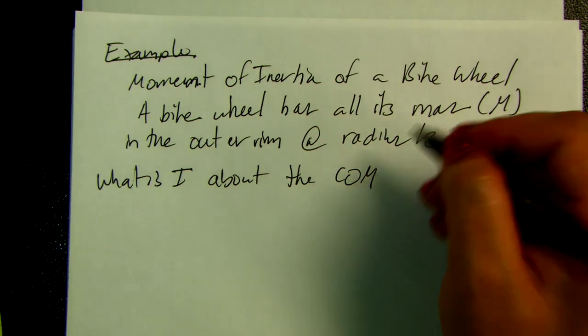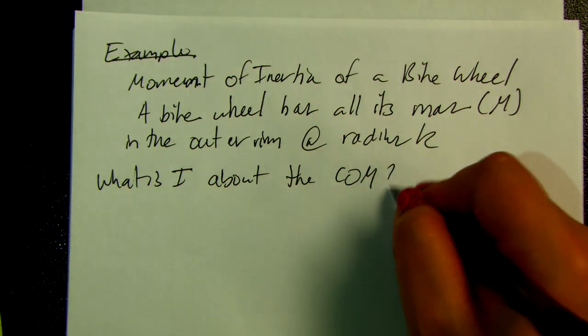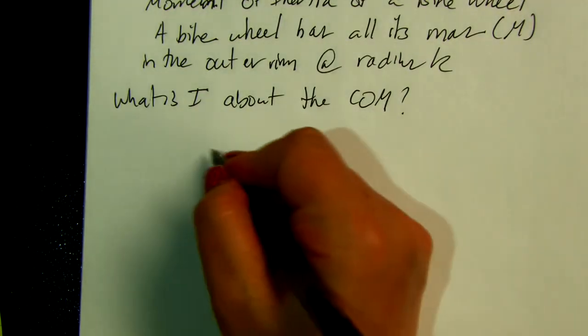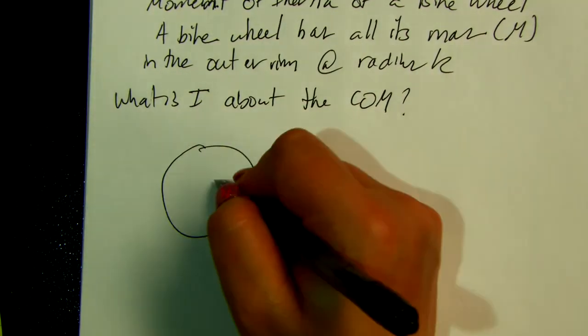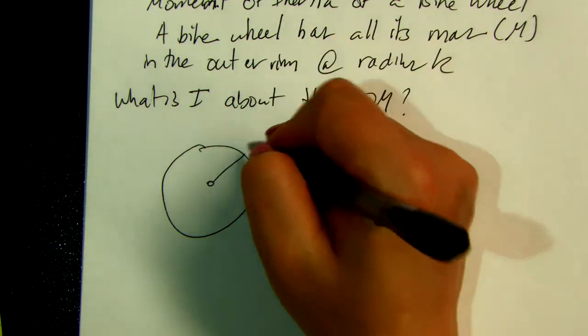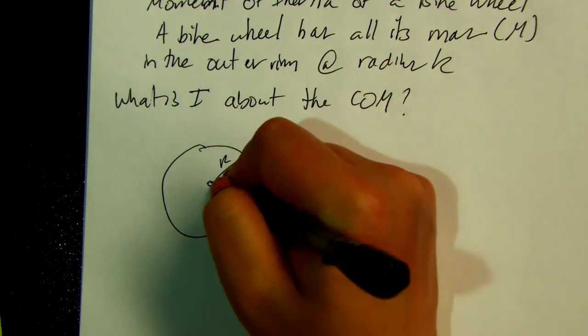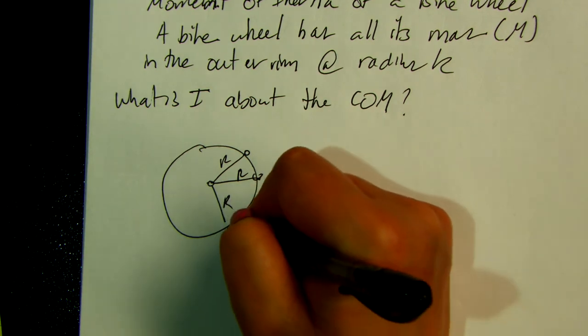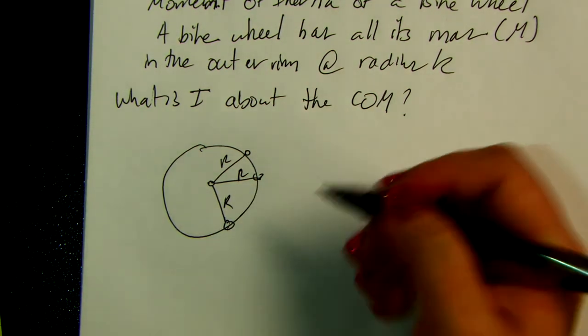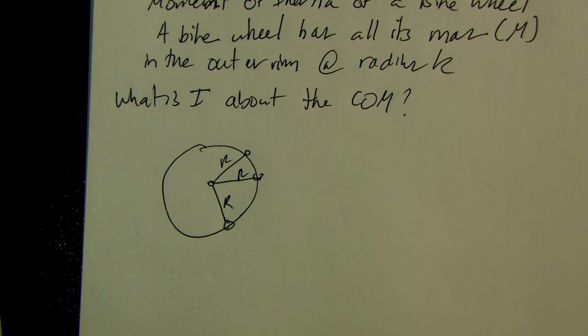Okay, so the way to approach this is you have your bike wheel, and you've got all these atoms, and they're all the same distance r from the center. And you're going to make another assumption, that all the atoms of the bike wheel, you're just going to line them up together. You're going to say it's not that big of a difference between the front and end of the tire.